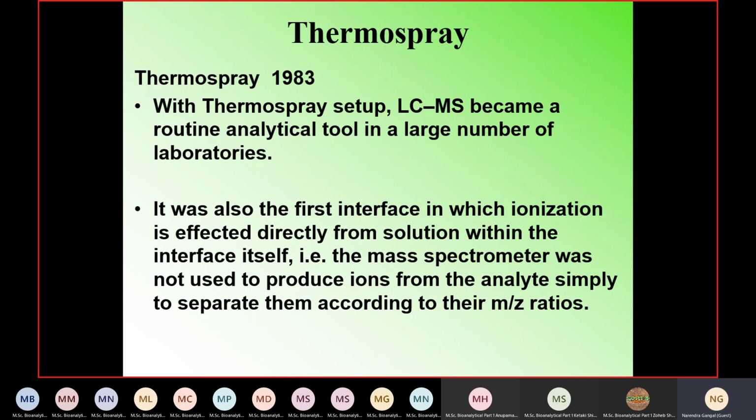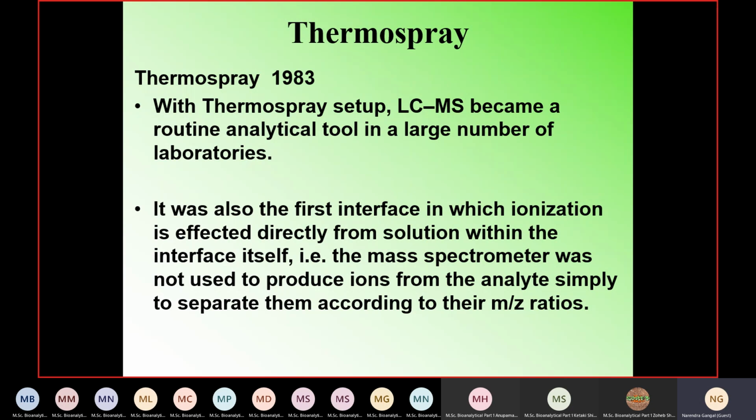Because although liquid chromatography has the liquid as an eluate, the mass spectrometer cannot analyze liquids. Why? Because it needs everything to be evaporated, because it needs the ionic form, and those ions subsequently travel to the mass analyzer portion. So you need to put them in the gaseous form only.